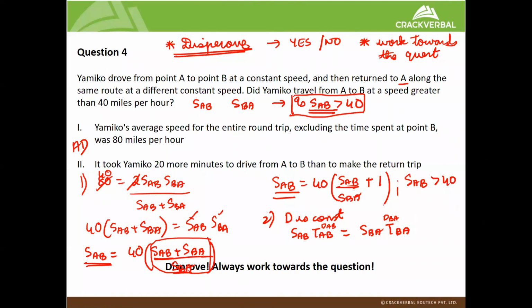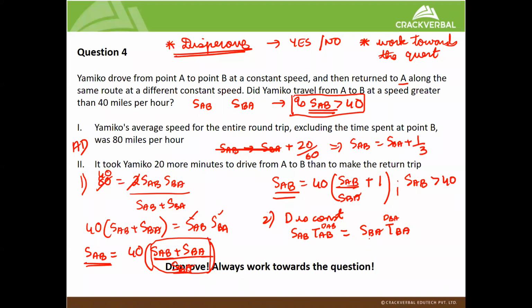And what the second statement tells me is, it took Yamiko 20 more minutes to drive from A to B than to make a return trip. So the second statement tells me TAB is actually TBA plus 20 minutes. So that's 20 by 60, right? So TAB is equal to TBA plus 1 by 3.